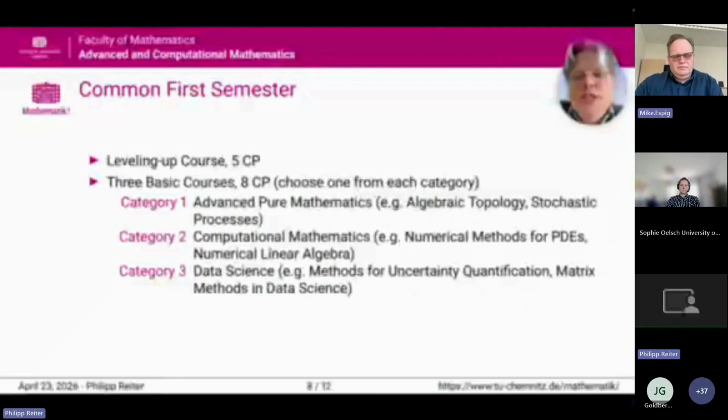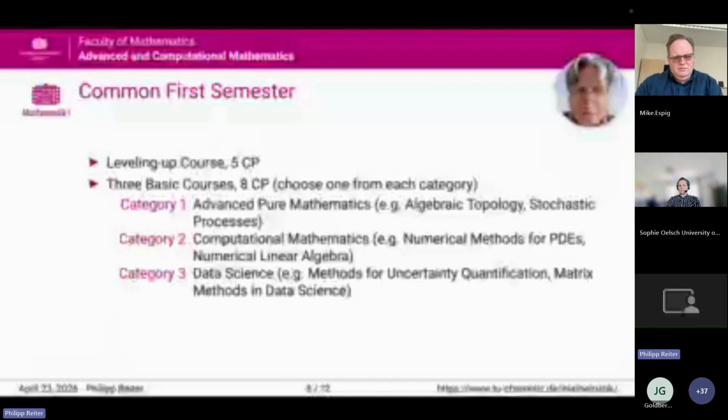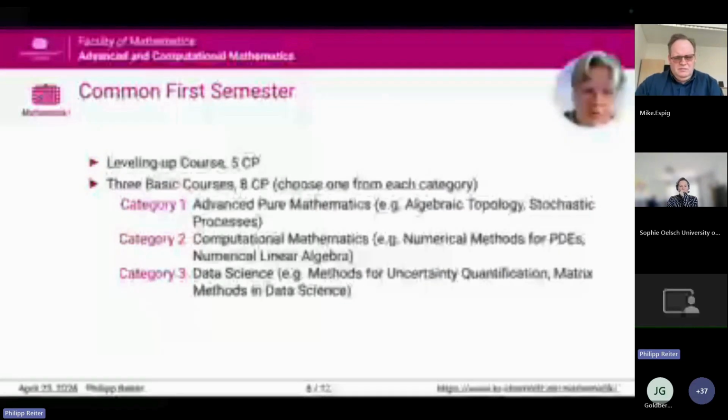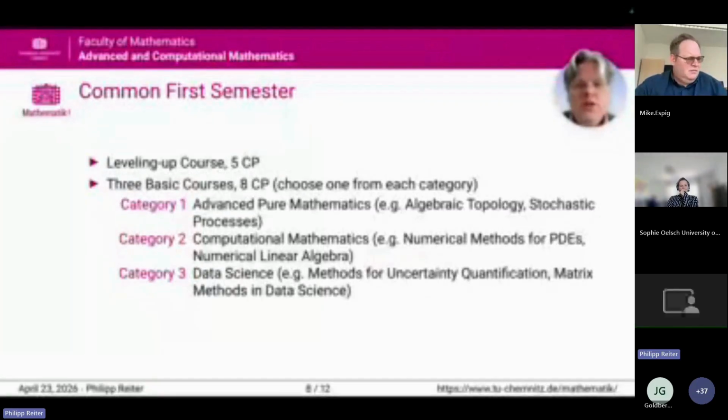So in general, you can only focus on data science, but here you need to attend 1 class from these 2 other fields. But you can still have some choice, which then is also interesting and relevant from the data science perspective. For instance, numerical linear algebra or stochastic processes.